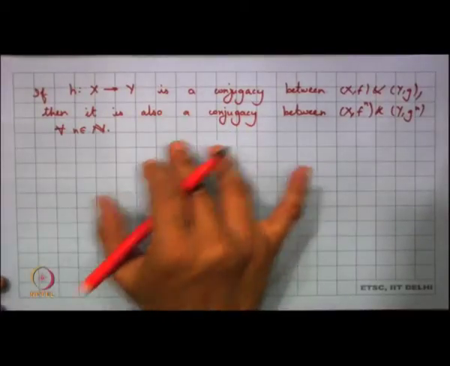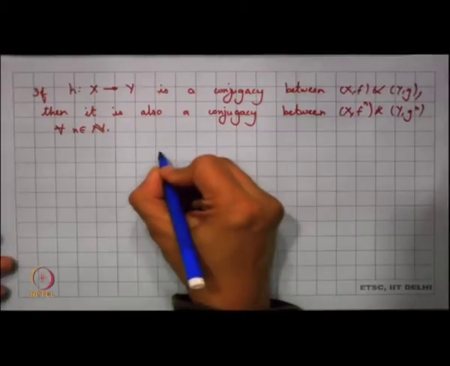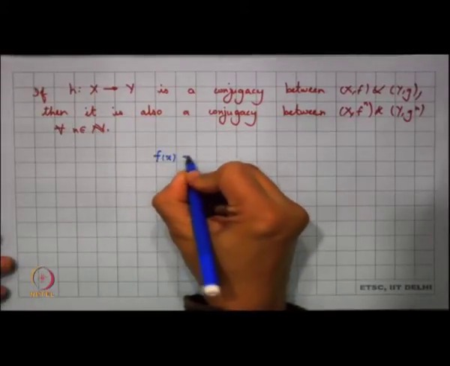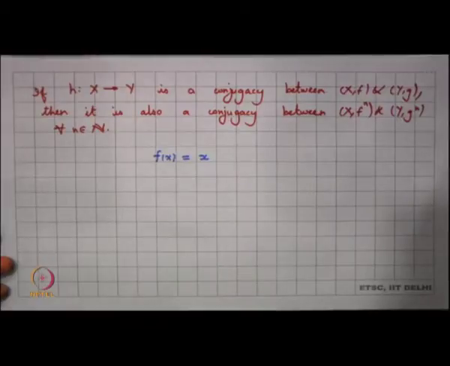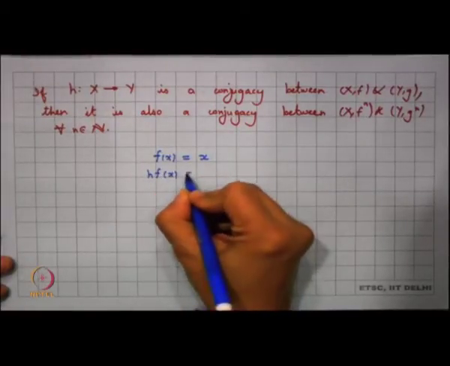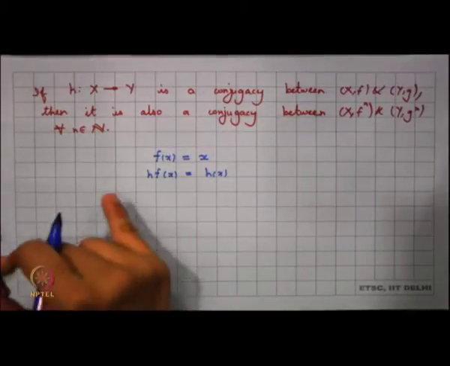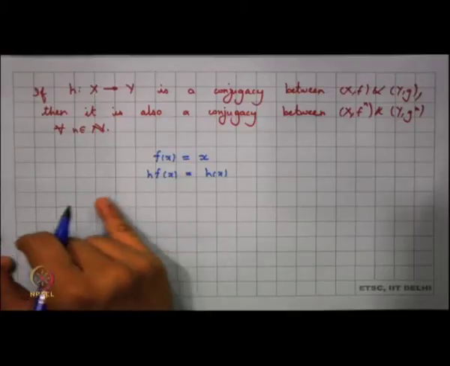Now, what is the meaning of this aspect? Think of that. If I have f of x equal to x, now what is h of f(x)? Simply h(x). But I know that hf is the same as gh.